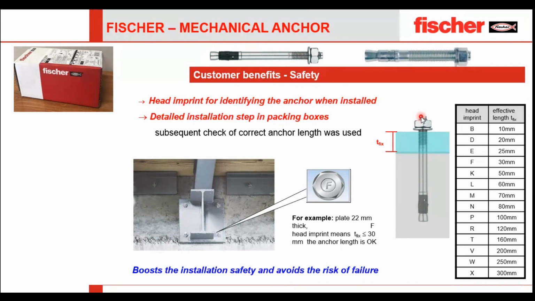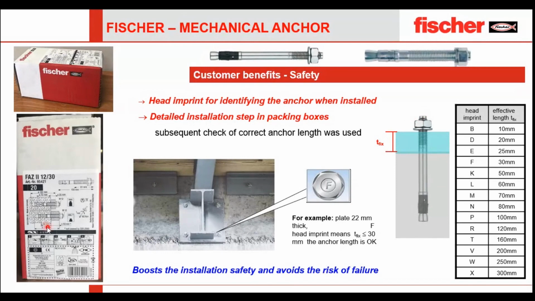Now, the second most important thing is the detailed installation steps on the packing boxes. On a Fischer packing box, there will be detailed installation steps saying what to drill, how to drill, with the base plate or without the base plate, and what the anchorage depth will be. If you go deeper, you can see the length of the hanger for the proposed hanger.